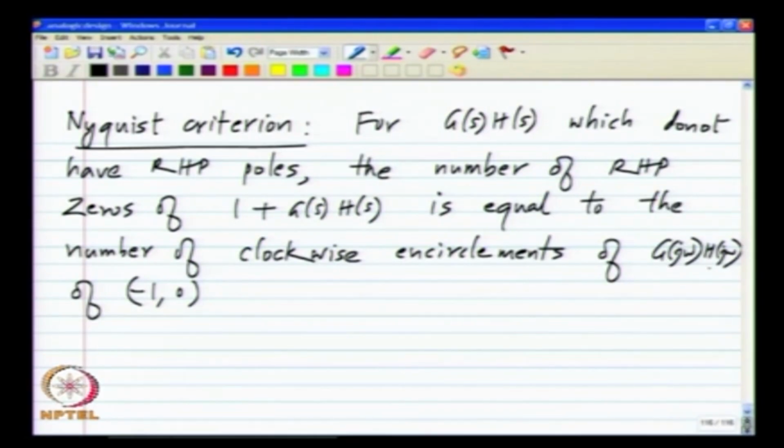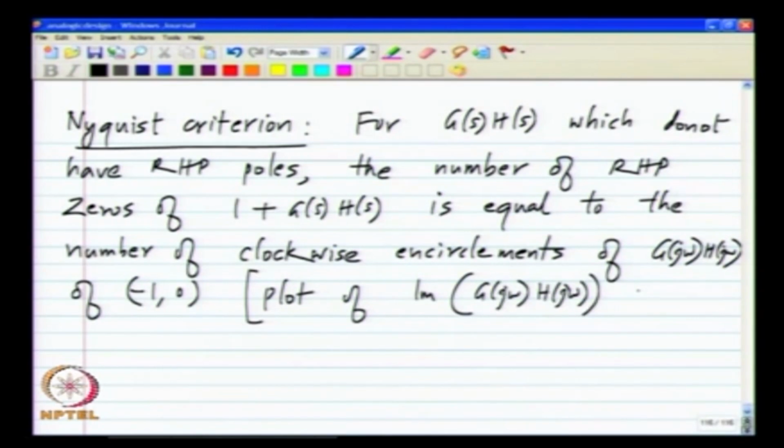Okay. So, what I mean by this is, in the plot of the imaginary part of G(j omega) H(j omega) versus the real part of G(j omega) H(j omega).